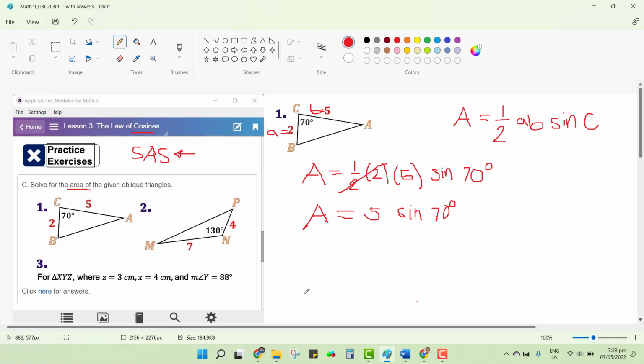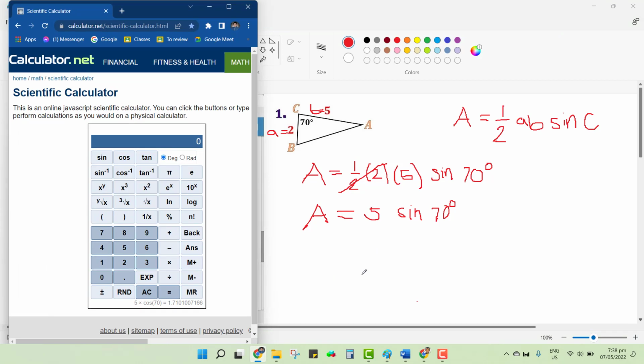I'm going to use the same calculator I've shared with you before here on the internet and input this at once. So we have here 5 times sine value of 70 degrees, and you will input here equals. You will get this result: 4.6984 and so on and so forth.